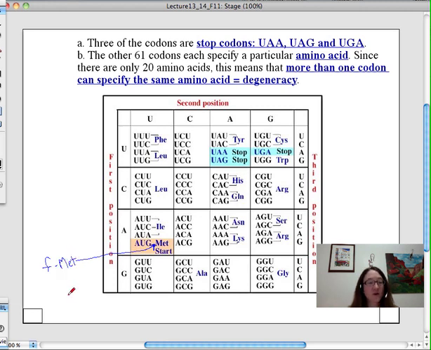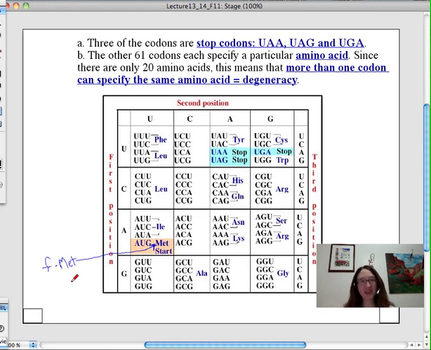Now, this is a formylated derivative of methionine, so it is methionine, our group's the same and everything, but on the amino terminus, it has a formyl group. It's just slightly modified is all.